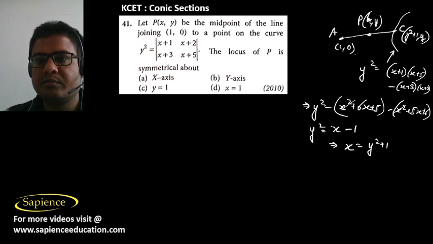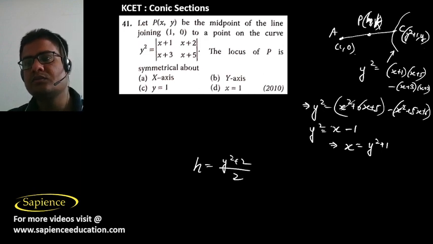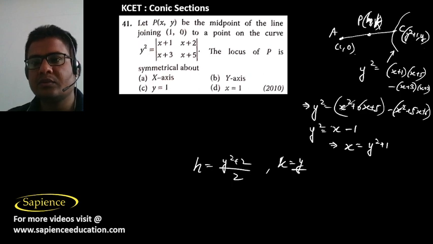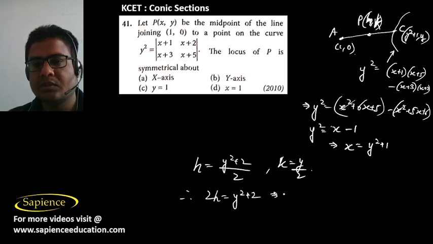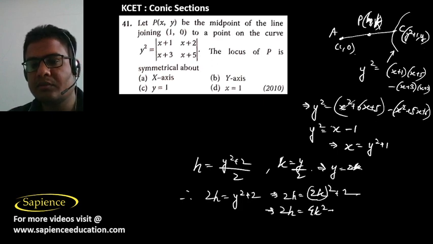Then its midpoint is suppose (h, k). At the end we can replace h and k with x and y. So h will be equal to (y square plus 2) by 2 and k is equal to y by 2. So 2h is equal to y square plus 2, and y is equal to 2k. So 2h equals (2k) whole square plus 2, that is 4k square plus 2.